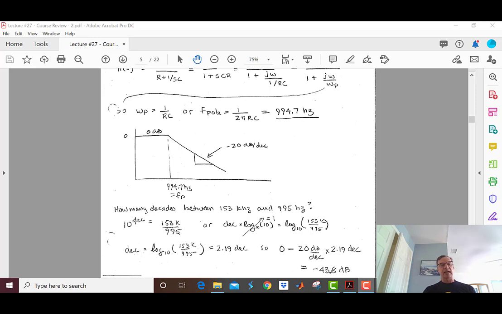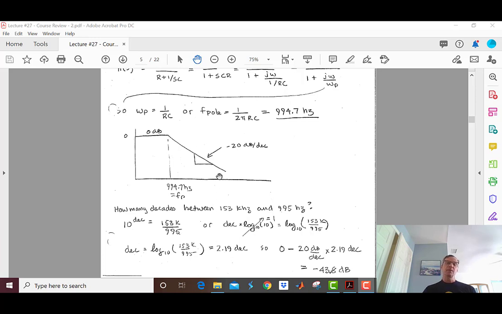That's easy. I'll do the math for you. It's 10 to the decades equals 153K divided by 995, or let's do the math. But really in the end, the number of decades is the base 10 log of one frequency divided by the other. This is something I just remember. So it's 2.19 decades.